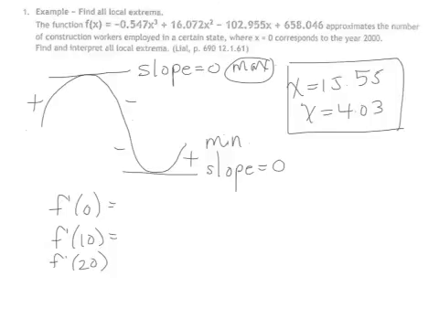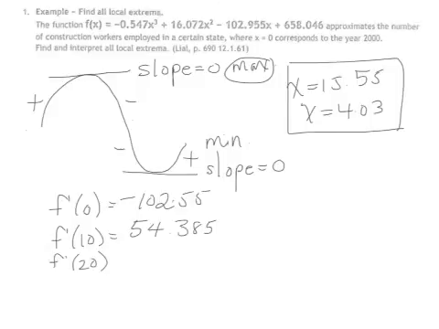Okay, so these test points are going to be used in the derivative that we found. And so if we put them in the derivative, we find that f prime at 0 is negative 102.55. We find that f prime at 10 is 54.385.